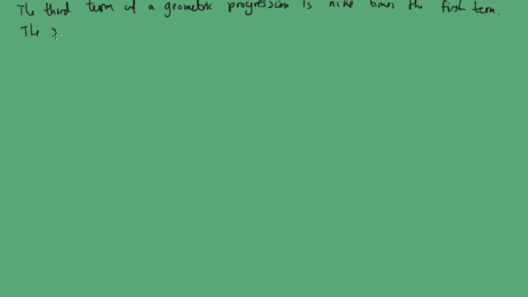The sum of the first 6 terms is k times the sum of the first two terms.